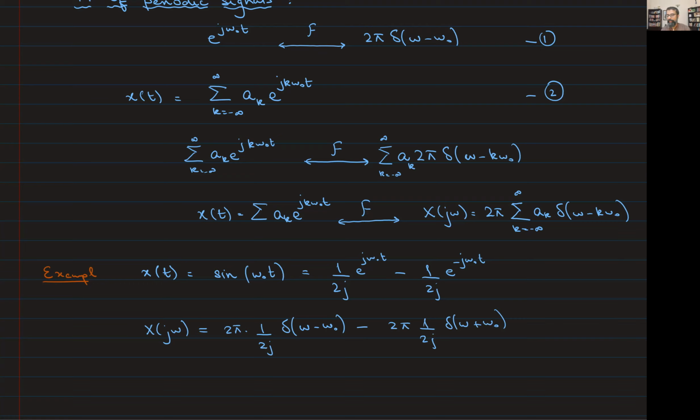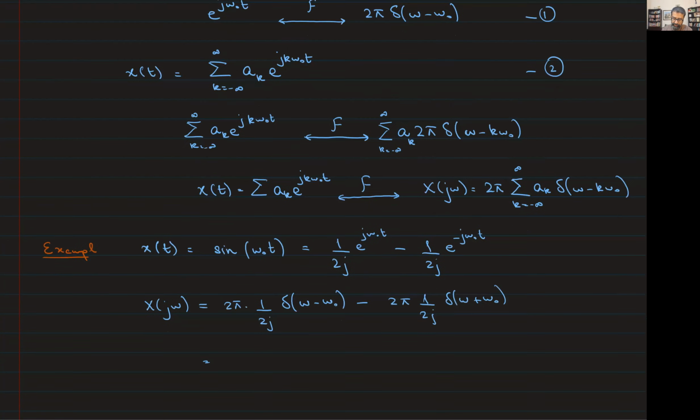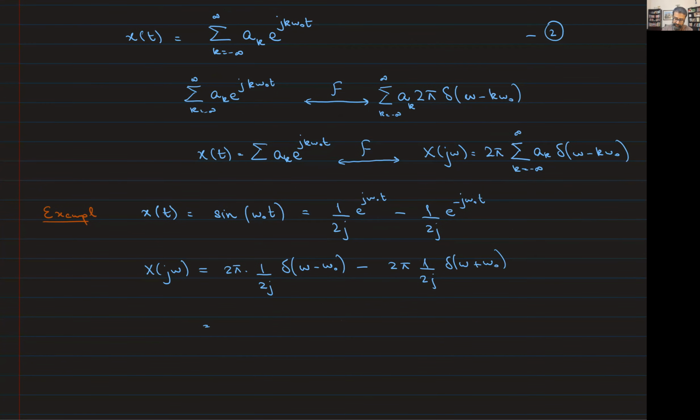So k is just minus 1, and therefore this becomes plus omega naught. And therefore this becomes equal to pi by j delta(omega minus omega naught) minus pi by j delta(omega plus omega naught), right?